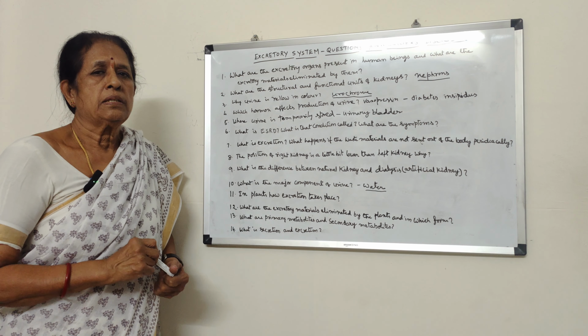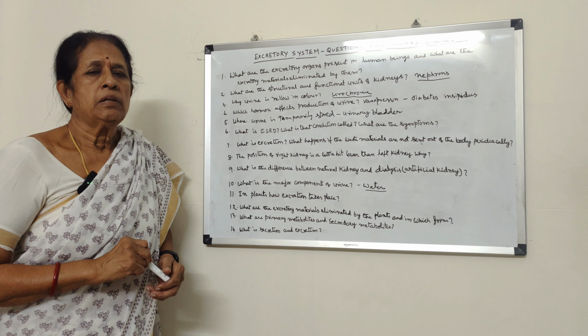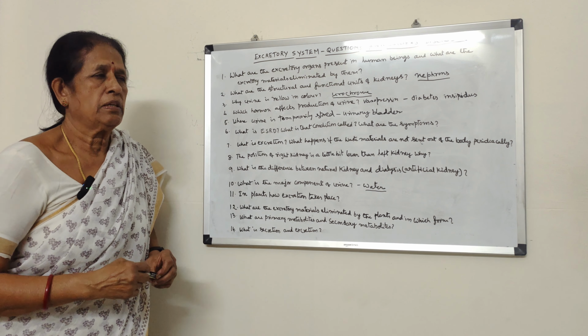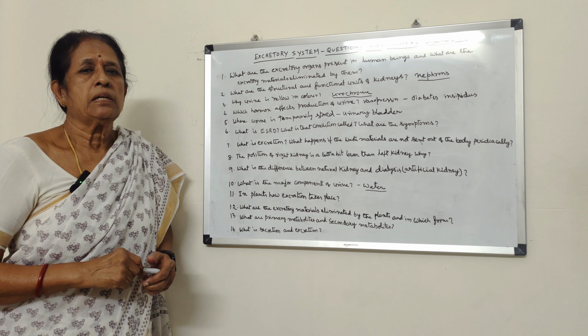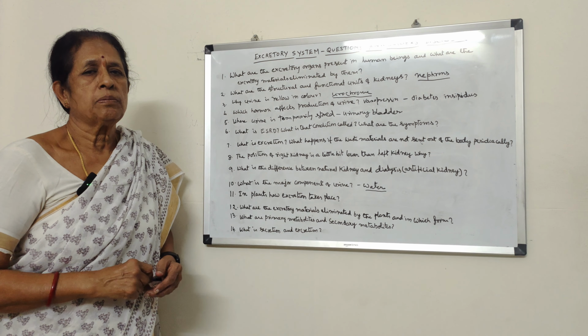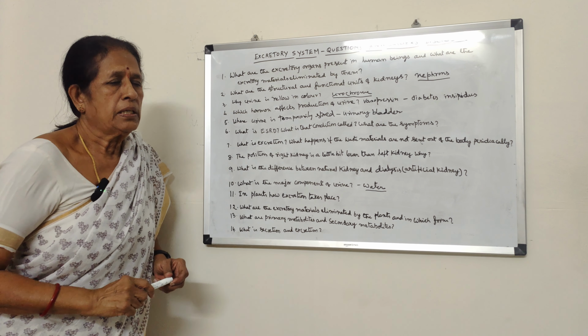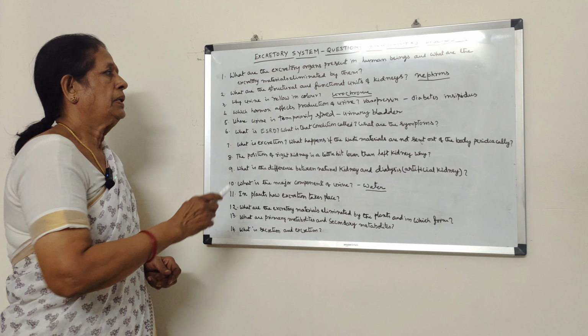And skin is another important excretory organ which eliminates salts and water in the form of sweat. And kidneys are the excretory organs which eliminate various nitrogenous waste materials which are formed in the body. So these are the 5 excretory organs present in the human body.